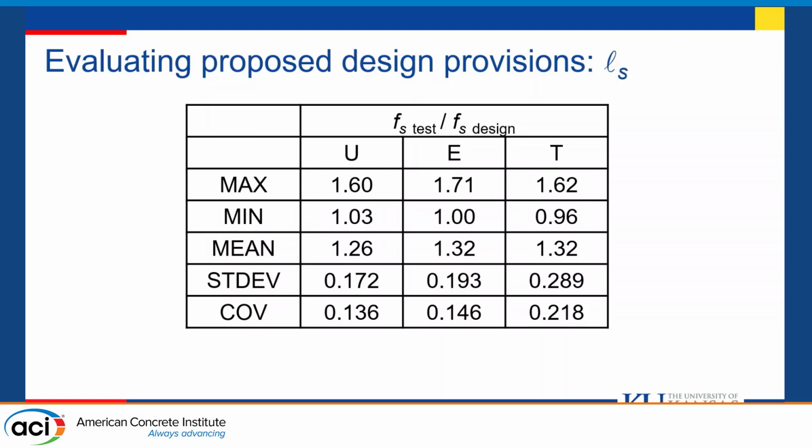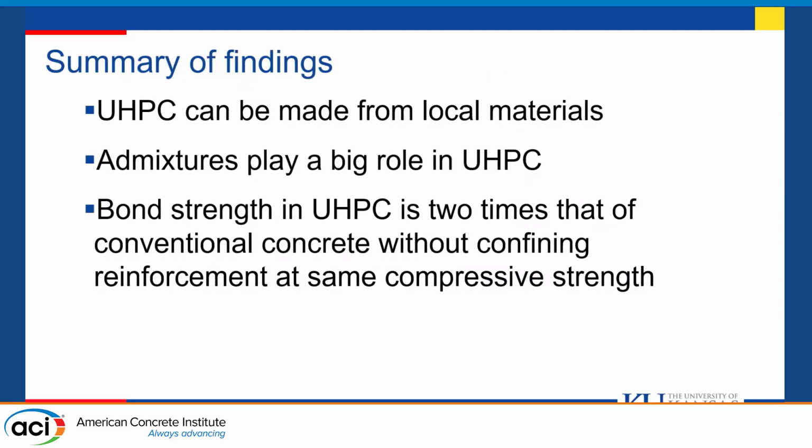For textured epoxy coated bars, the ratio ranged from 1.62 to 0.96 with a mean of 1.32, standard deviation of 0.289, and coefficient of variation of 0.218. So this comparison shows that our proposed design equation is satisfactory, as we have a decent coefficient of variation.